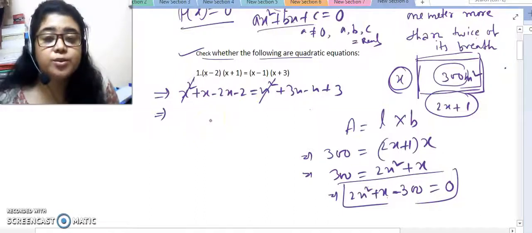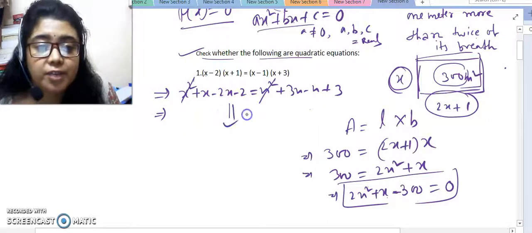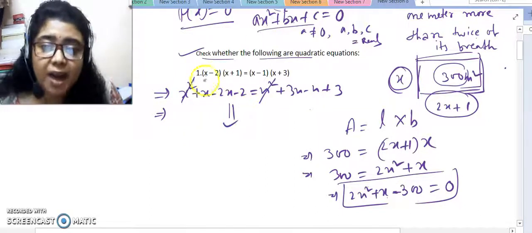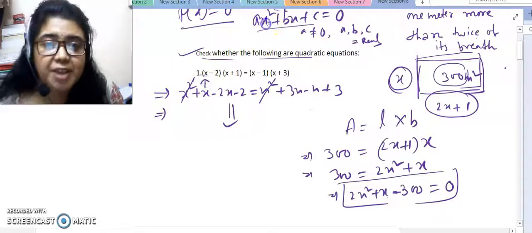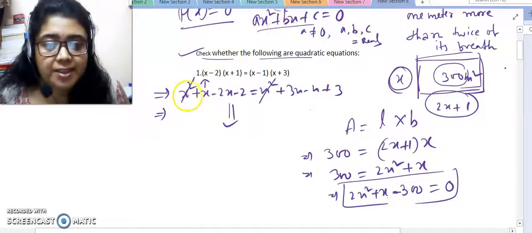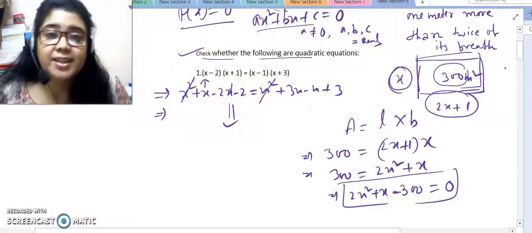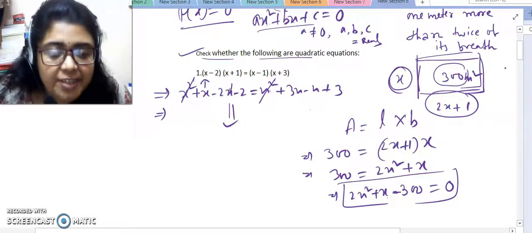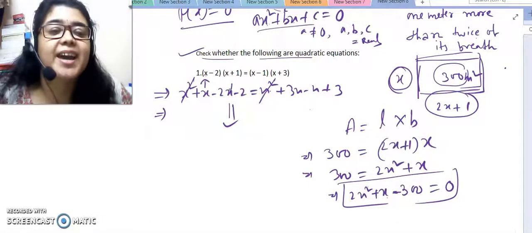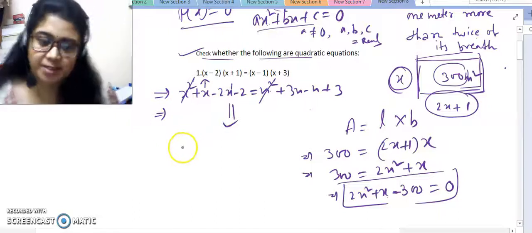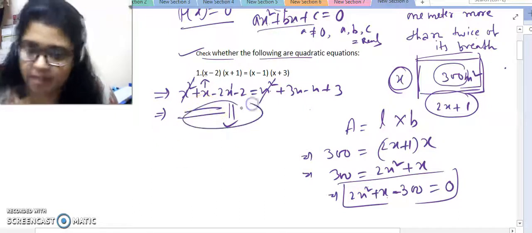Now, we do not need to solve further because we know that the highest power of the variable should be 2. But this x² has been cancelled. So, the highest power of the variable is only 1. So, it does not need to be solved. It can never be a quadratic equation. Okay. So, now it is not a quadratic equation.